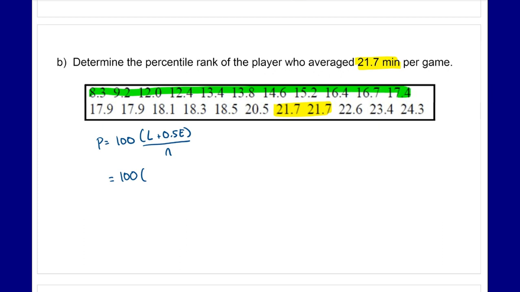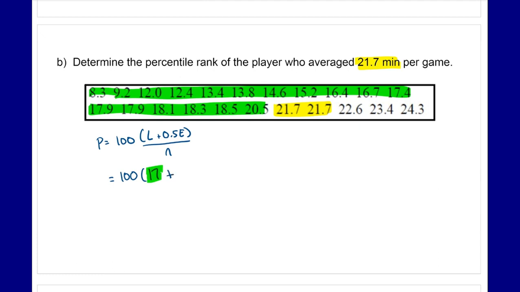So all these values here, these are all the values that are less than the data points that we're looking for. So that means we have 1, 2, 3, 4, 5, 6, 7, 8, 9, 10, 11, 12, 13, 14, 15, 16, 17. We have 17 data points that are less than the value in question.